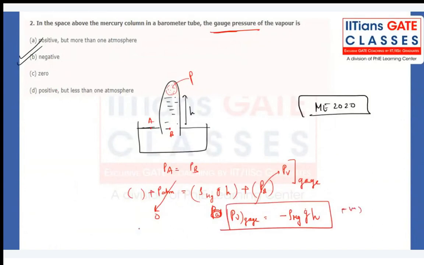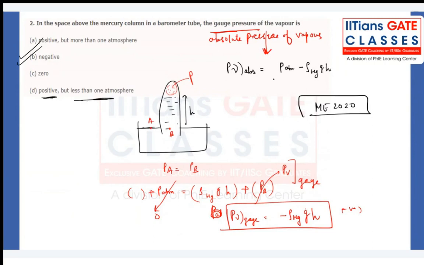But if I ask the same question, what is the absolute pressure of vapor, then what will you write, my dear friend? What is the absolute pressure? Positive, but less than 1 atm, because P vapor absolute will be P atm minus rho of mercury g into h. It is a positive value, but less than P atm. Less than P atm, right? D will be correct.